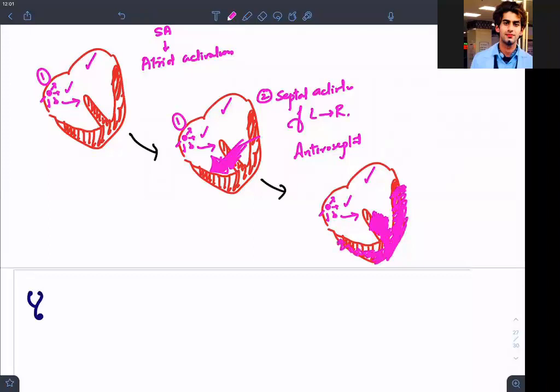So this will be called walls of the myocardium getting activated. But this is to be remembered: endocardium to epicardium. Endocardium to epicardium is the depolarization pattern.